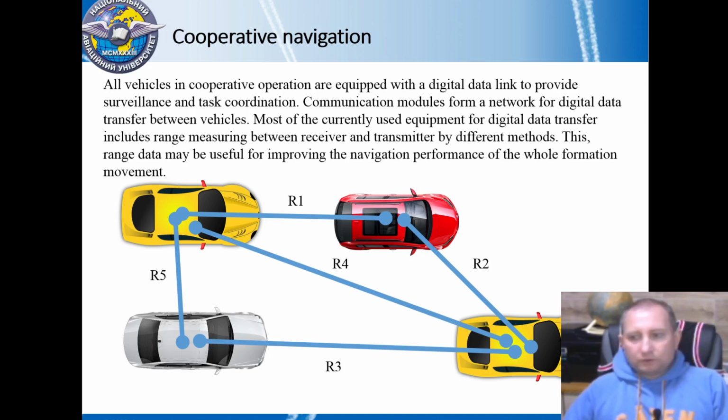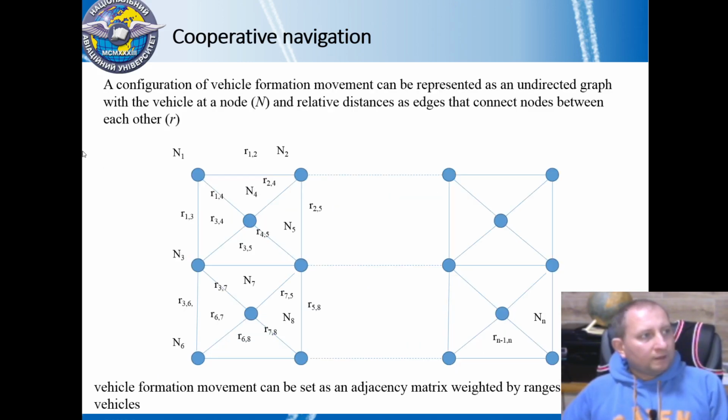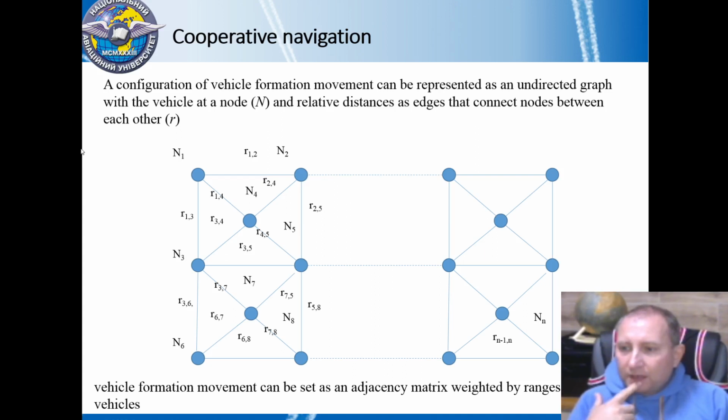Okay, let's go next. And in this case, our cars or vehicles we can represent in the form of a network, where each vehicle is a node, and measured range to other vehicles is edges.